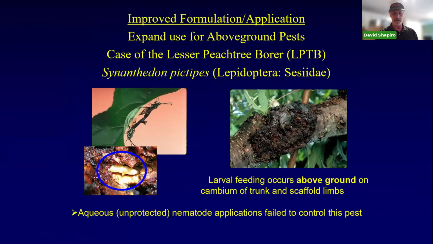So the lesser peach tree borer attacks peach trees and other stone fruit trees on the scaffold limbs and trunk, causing wounds like shown here. If we apply nematodes just in aqueous suspension, they're going to fail because they're dying in that heat and desiccation and UV radiation. So we have to protect the nematodes.